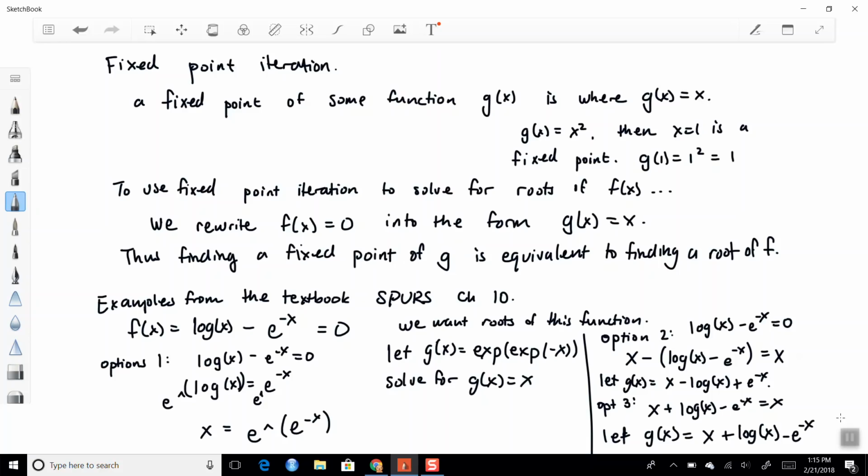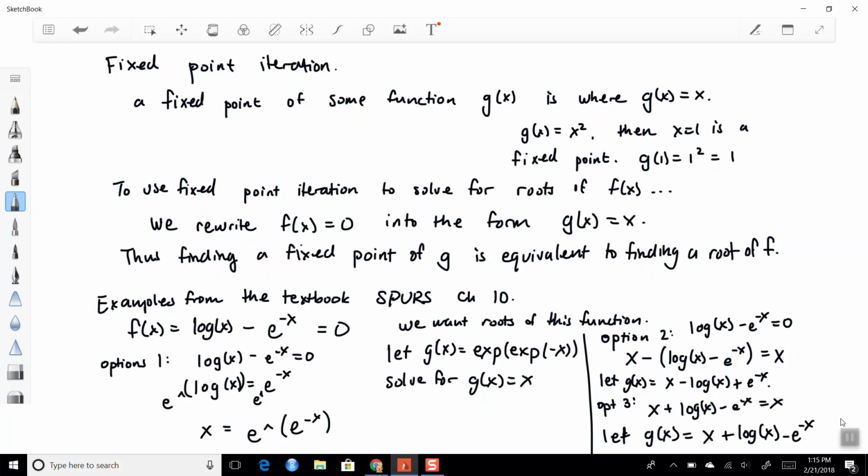So, given any function, there's an infinite number of ways to rewrite the function to have it in the form g of x is equal to x. Is this okay? So we rewrite f of x into g of x, okay?